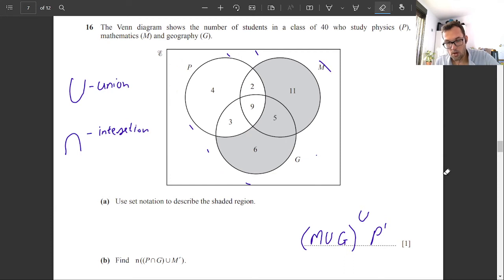We only have the part there that is in M and G. So in this case, we're going to put intersection. Meaning it's in M or in G or in both, and not in P. Practice and you get this right.